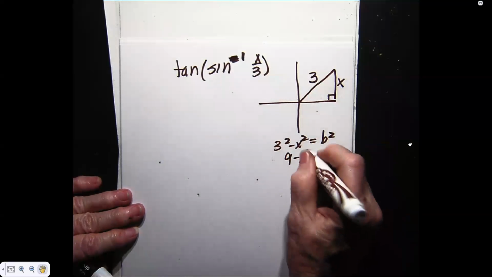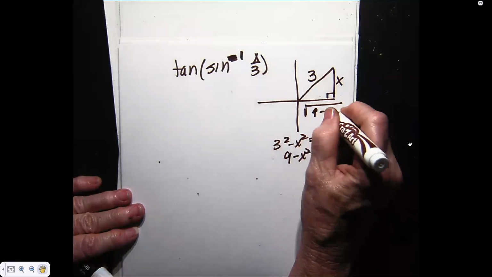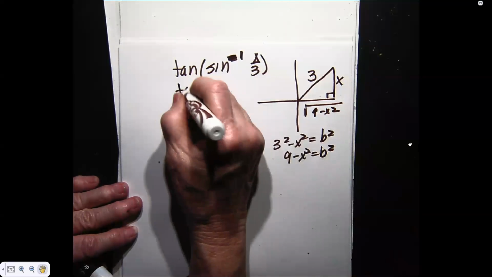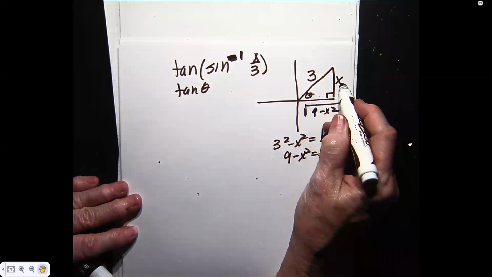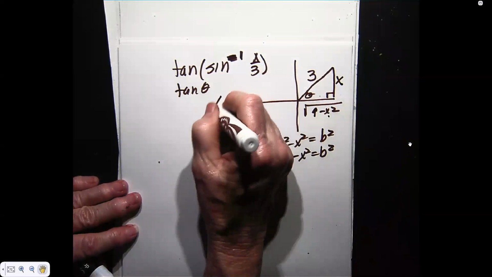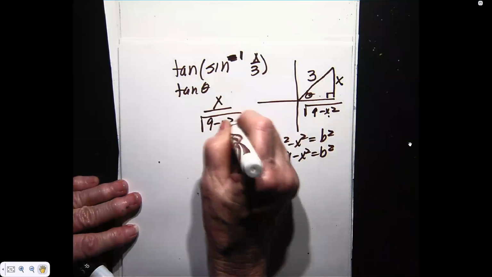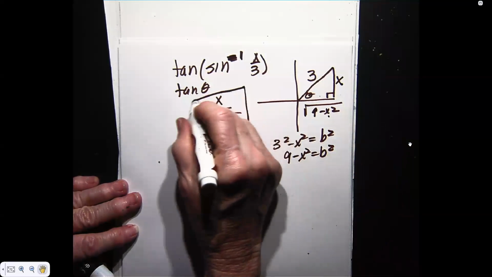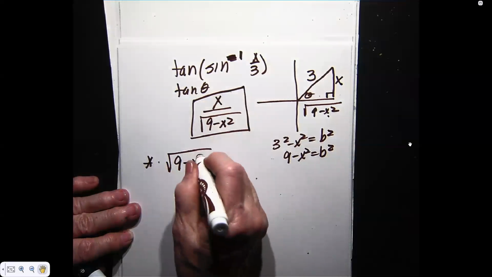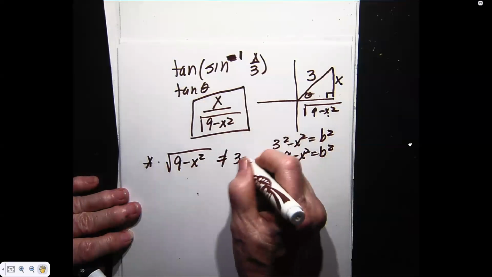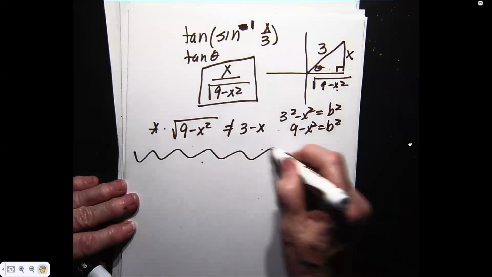So 9 minus x squared equals b squared, so this is the square root of 9 minus x squared. The tangent of the angle is the opposite over the adjacent, x over the square root of 9 minus x squared. Be aware that the square root of 9 minus x squared is not equal to 3 minus x, so don't do that simplification.